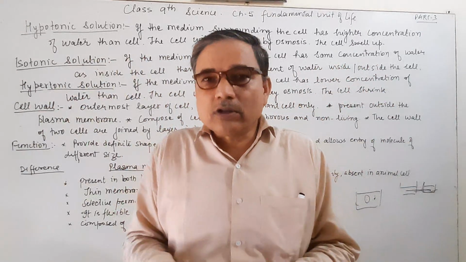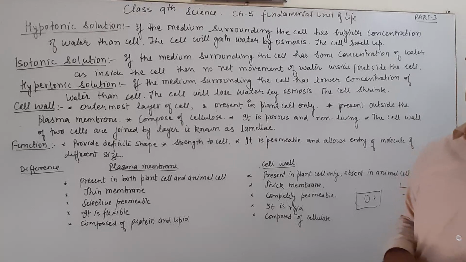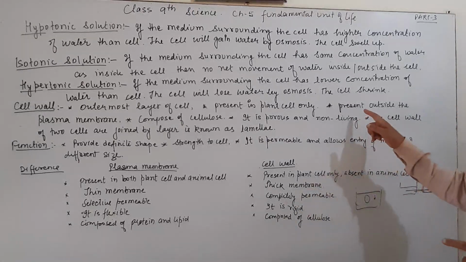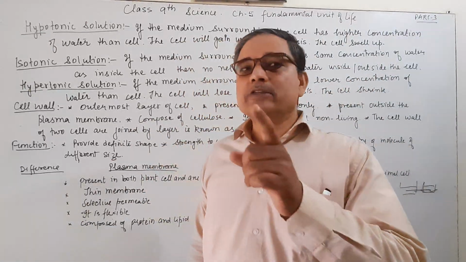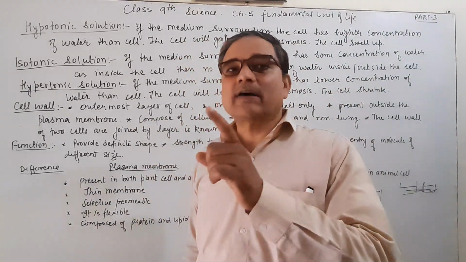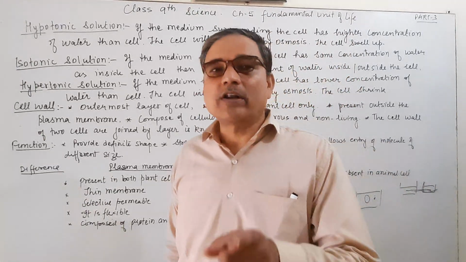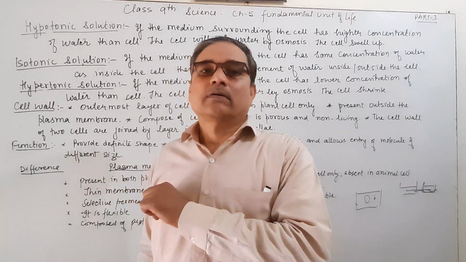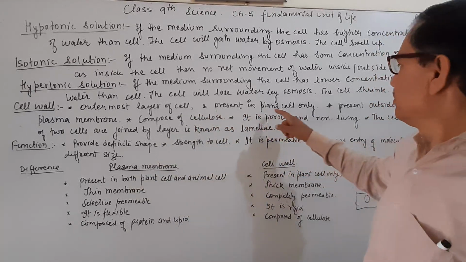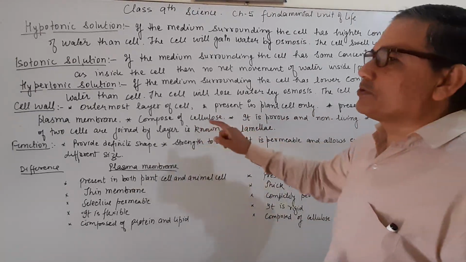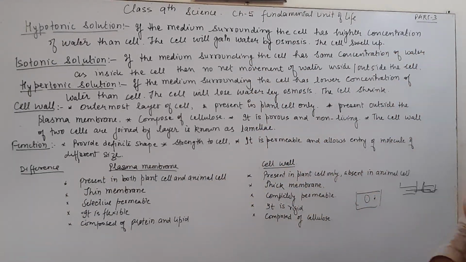It is also the outermost layer of the cell, but it is present in only plant cells. It is absent in animal cells and present outside the plasma membrane. It means the plasma membrane is present in both plant cells as well as animal cells, whereas the cell wall is present only in plant cells. It is composed of cellulose. Due to the cellulose, it is a very hard matrix, and it is porous and non-living.